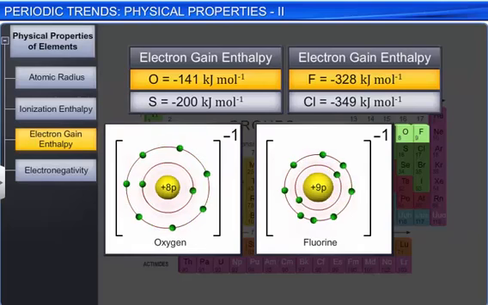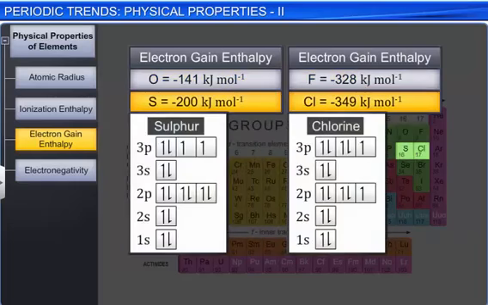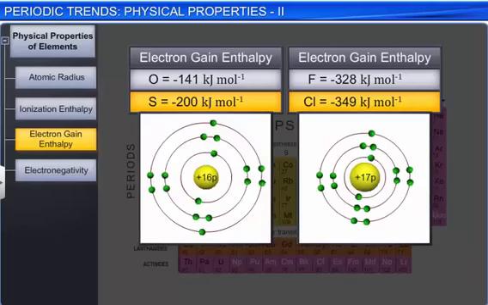However, for the subsequent elements, sulfur and chlorine, the electron gets added to the n equals 3 quantum level. At this quantum level, there is larger space available, which reduces the electron-electron repulsion, thereby making the addition of a new electron easier.